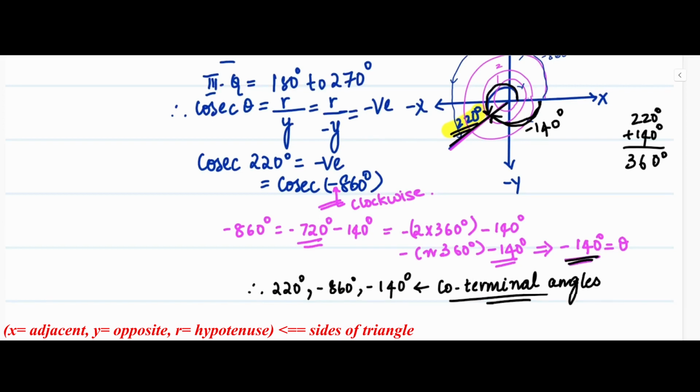But what we require for this question is whether cosecant of minus 860 degrees is a positive or negative value. We got cosecant 220 degrees to be a negative value, which is a coterminal angle of minus 860 degrees. So it will have the same value irrespective of the trigonometric function. Cosecant of minus 860 degrees will have a negative value.